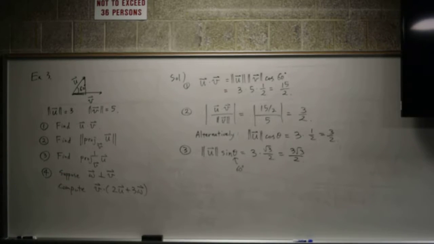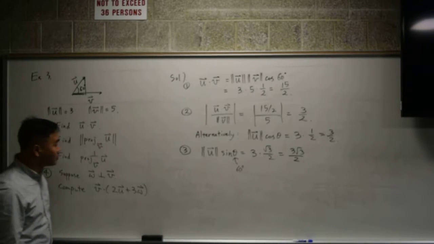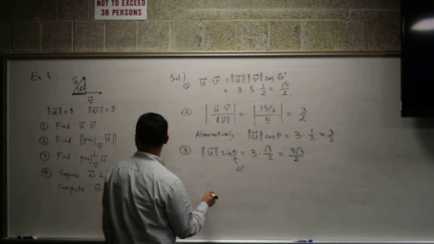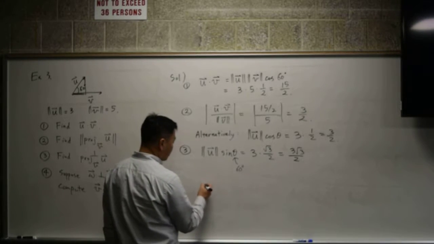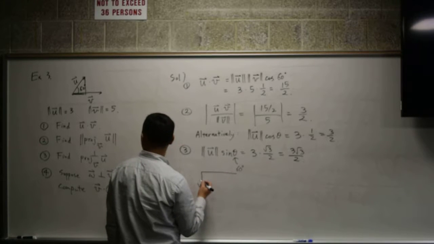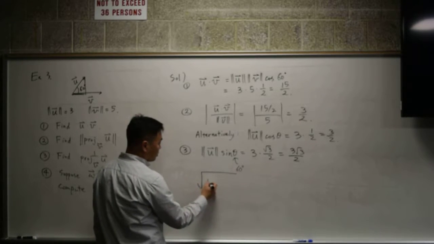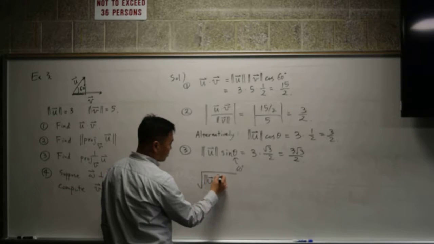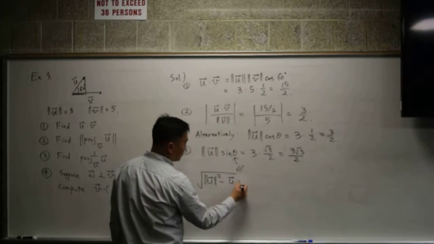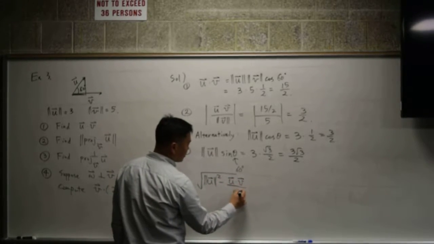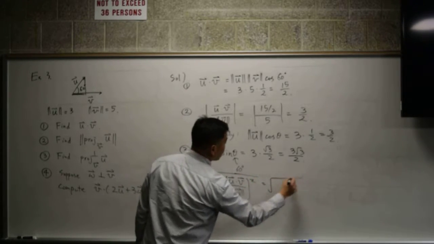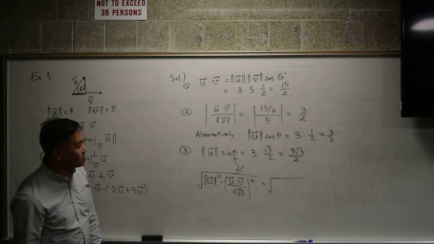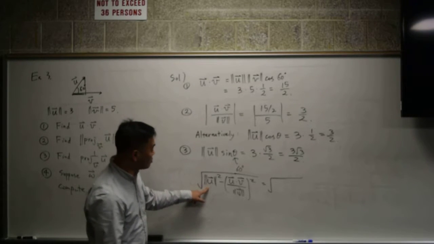Or still another way will be you just use the formula, which is square root of the norm of u squared minus u dot v over the norm of v, squared. Alright, so what's that? This is 3 squared.